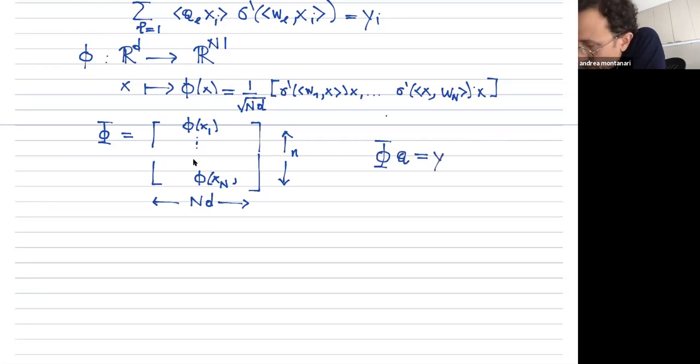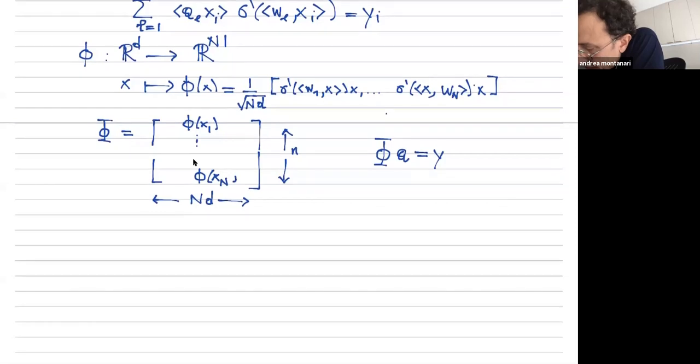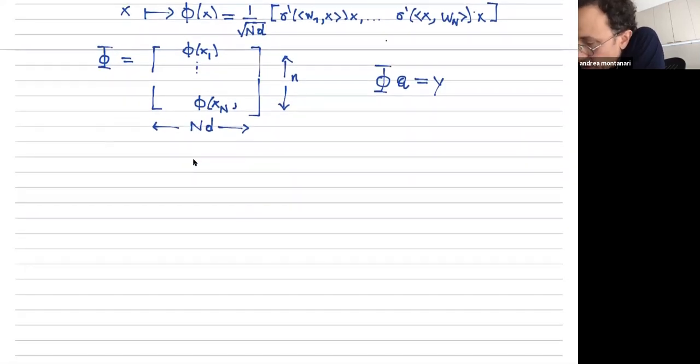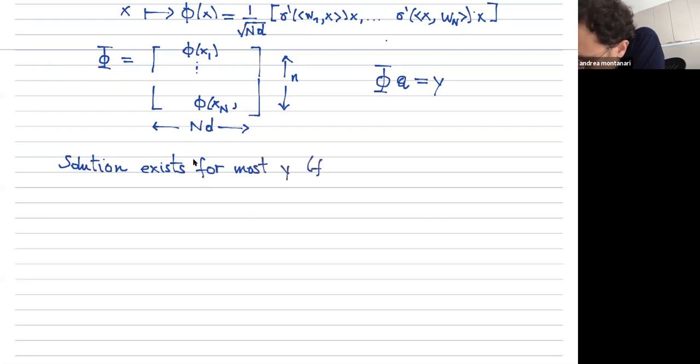So interpolation means that the set of linear equations has a solution. And we know that this has a solution for most y, and if it exists for most, it exists for all y.